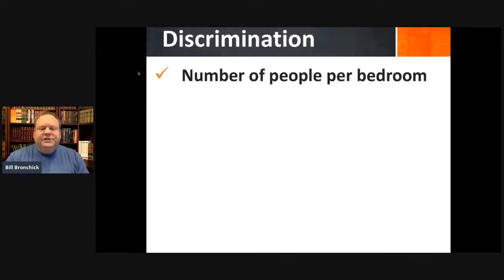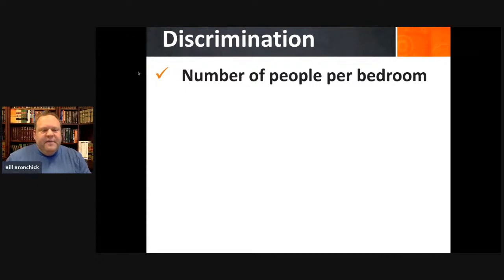Now, discrimination, this is a weird issue. Number of people per bedroom. You can't discriminate based on familial status. That means whether they're married, unmarried, have kids or no kids, or how many kids they have. But there might be a local code that says only 2 adults per bedroom or only 3 adults per bedroom.